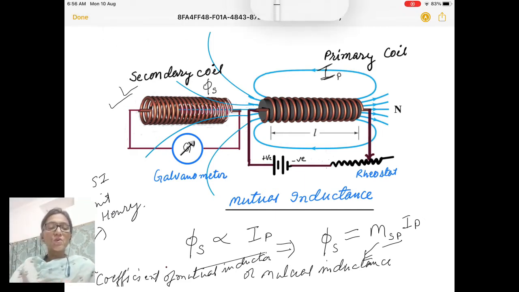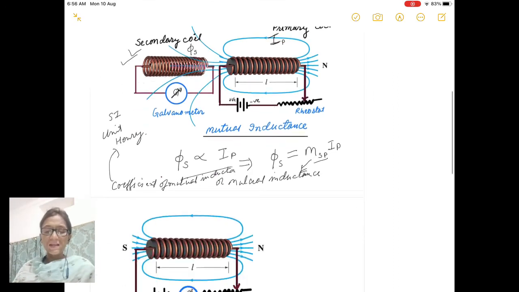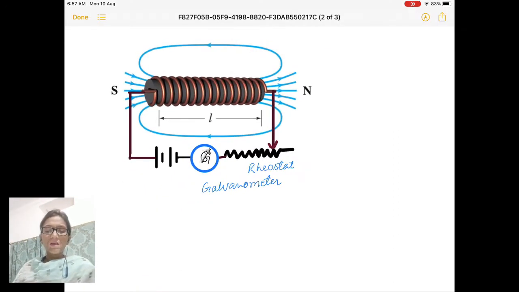Now when you use a single coil in place of two, here also when there is a change in current, you will have a change in magnetic field and in magnetic flux, and due to the changing magnetic flux, an EMF is induced in the same coil which will oppose the change in flux. So if flux is increasing, like when in your homes you have a tungsten bulb, you can observe this.